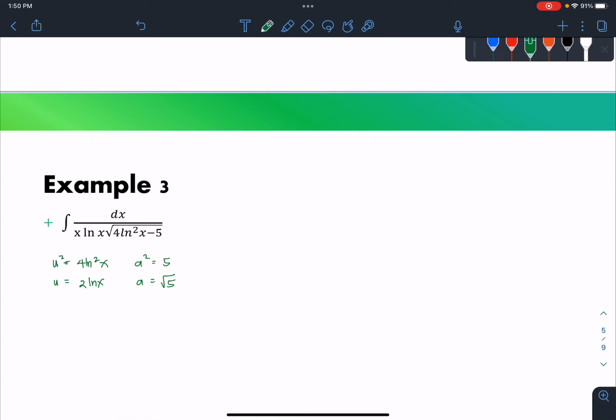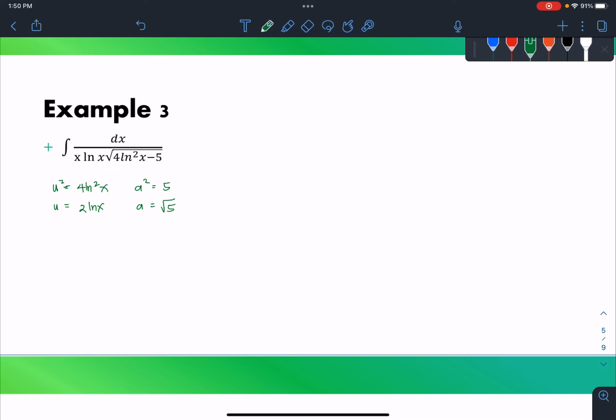So a is square root of 5. And then we derive u. The derivative of u is 2, and the derivative of ln x is dx all over x. So what we want here is the dx over x. Therefore, du over 2 is the same as dx over x.